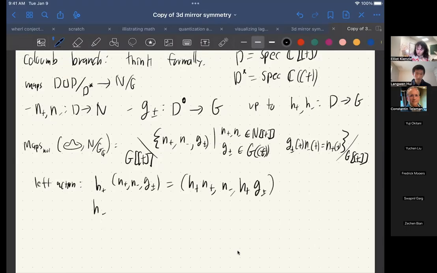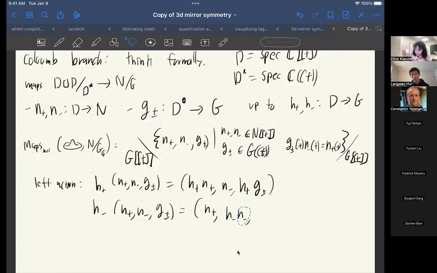And then the right action is going to be defined similarly: H minus N minus, and then G plus minus H minus inverse, probably.